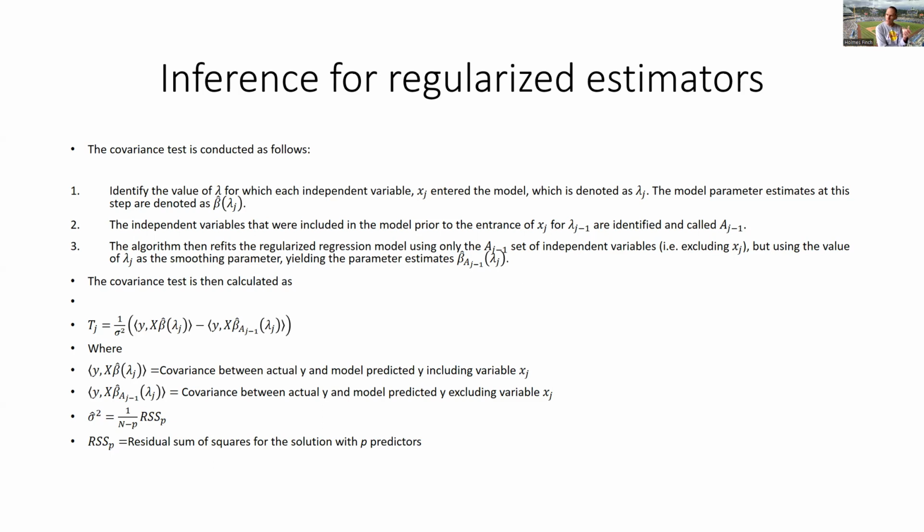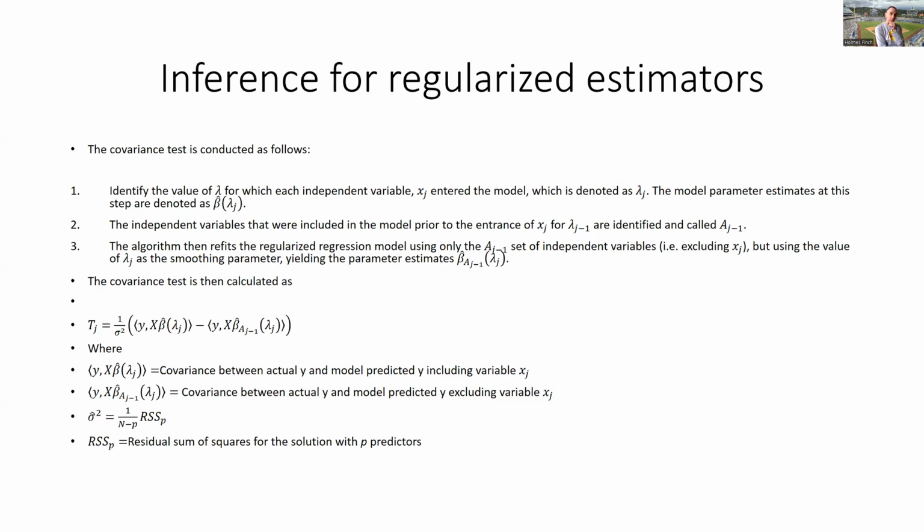So let's think about what that's actually doing. It's saying, I've got the optimal lambda that brings x sub j in the model. That's lambda j. I've got this set of independent variables that were in that model before x sub j entered in. What I'm going to do is estimate the slopes and the intercept for the A sub j minus 1 variables, so all the variables that were in there before x sub j jumped in. But I'm going to use the lambda that let me bring x sub j in.